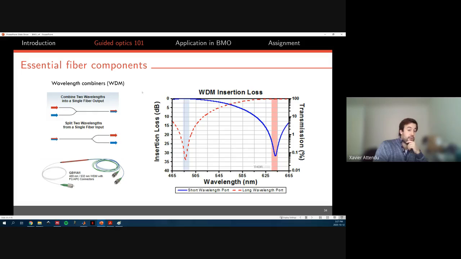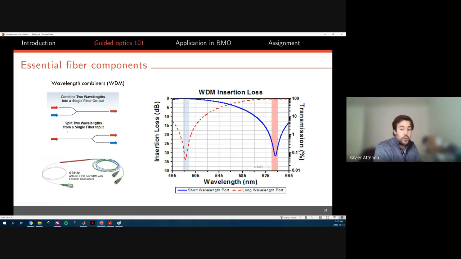Okay. Another example that's very useful is a wavelength combiner. By fusing two fibers together in a specific way, you can combine two wavelengths together.